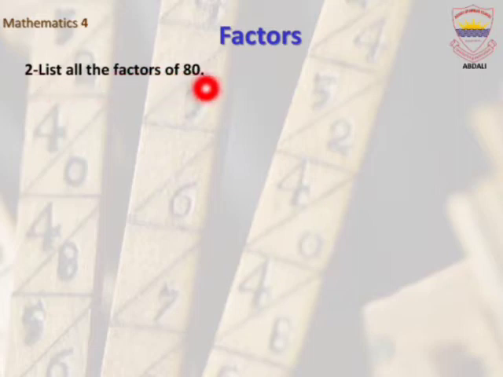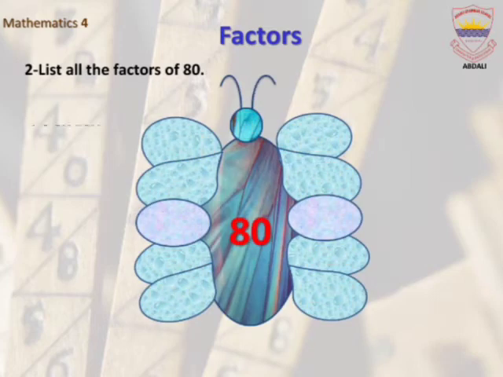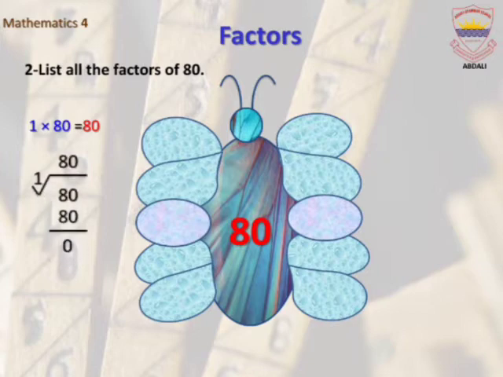We follow our first step. 1 and the number itself are factors. 1 multiplied by 80 equals 80, and when we divide 80 by 1, we get 80. So 1 and 80 are factors of 80.